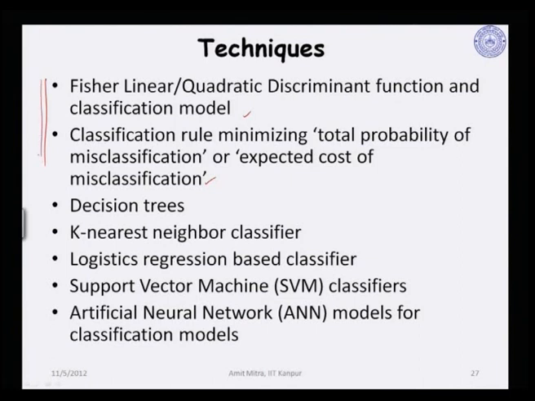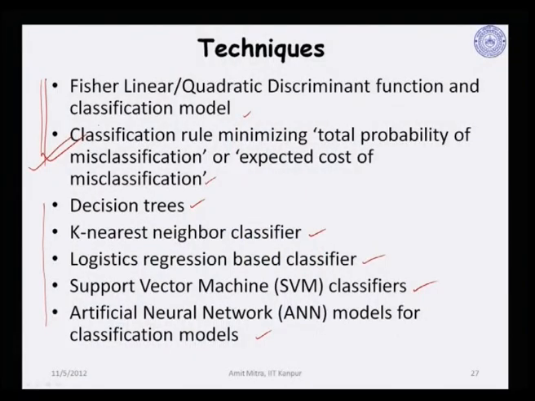Other than that, there are also various other classification models, like decision trees, the classification and regression trees CART, the k nearest neighbor classifier, logistic regression based classifiers, support vector machine based classifiers, and artificial neural network based methods for classification. In this course we are not going to look at these, because these are typically covered in courses like data mining.